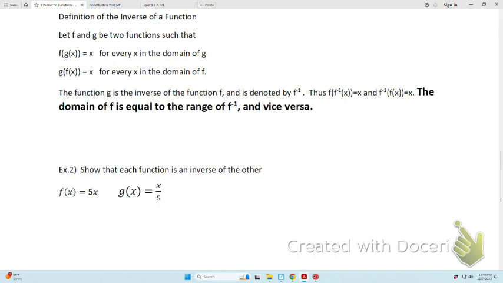But number 2, we're going to do the same exact thing we did a second ago. We're going to find f of g, and then we'll find g of f. So I'm taking this, and I'm plugging it right there. Fives cancel, and we end up with x.